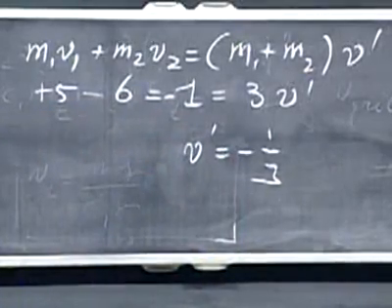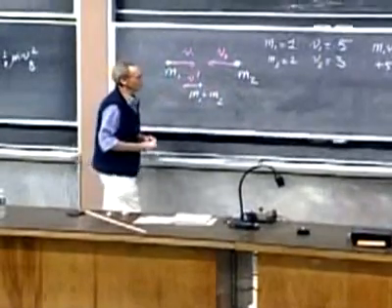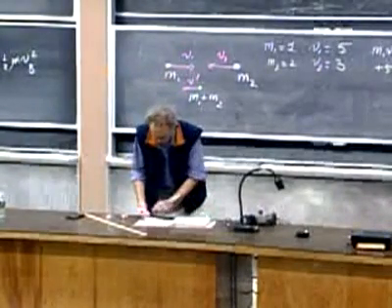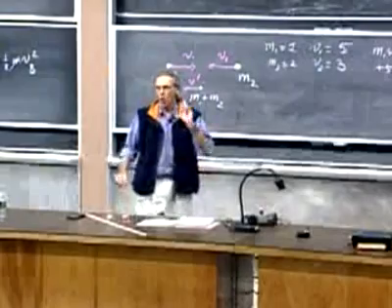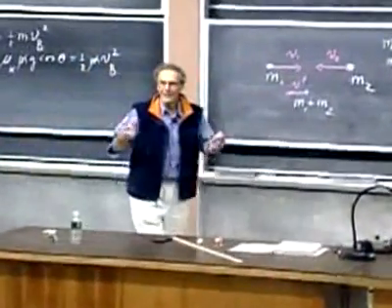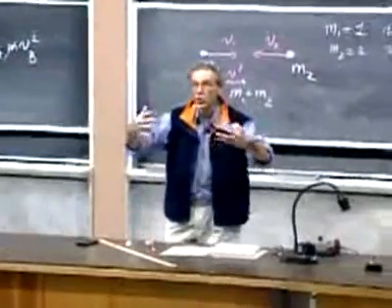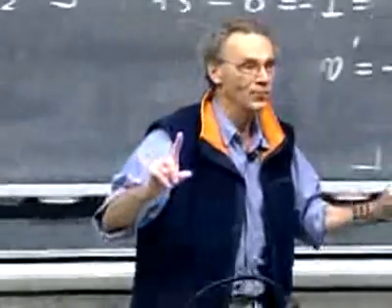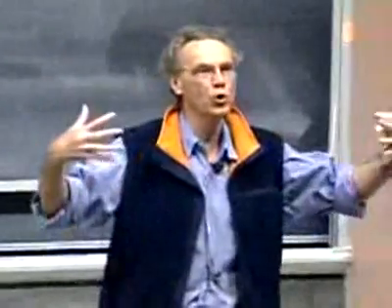And so these objects will stick, and after the collision, they will move with a speed of 1/3 of a meter per second. Kinetic energy was almost exclusively lost. There was almost nothing left, remember? Clearly, that's because of friction, not external friction. There is no external friction, because if there were any external friction, momentum would not be conserved. Think of them as two car wrecks.